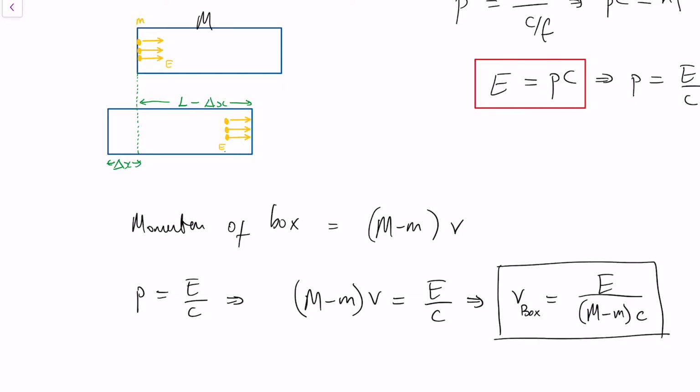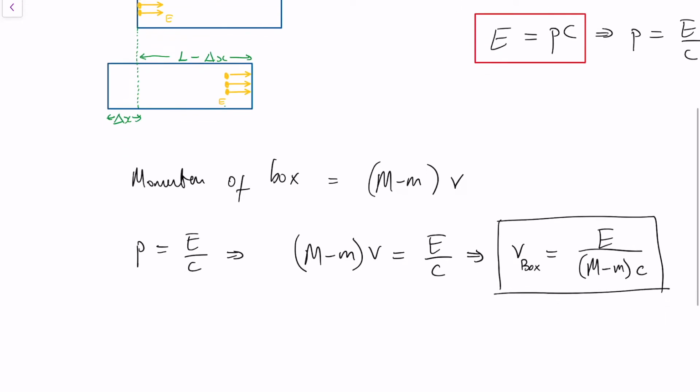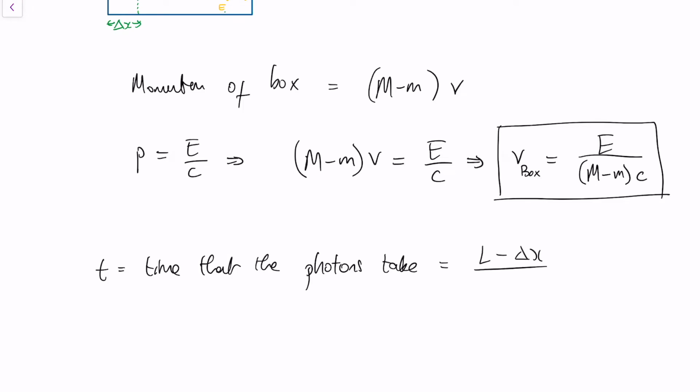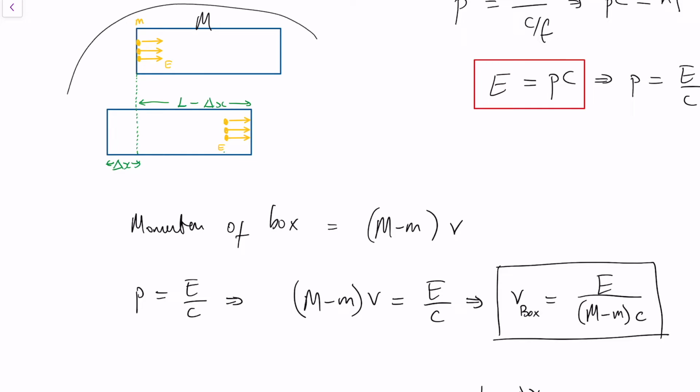Now, the time that photons take, so let me write it explicitly, let's call t, is the time that the photons take, which is equal to (L minus delta x) over c. If you look at here, because of the recoiling effect, the distance traveled is L minus delta x, and that's divided by the speed of the photons, which is c, right?